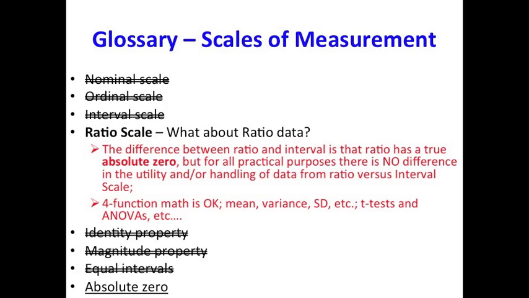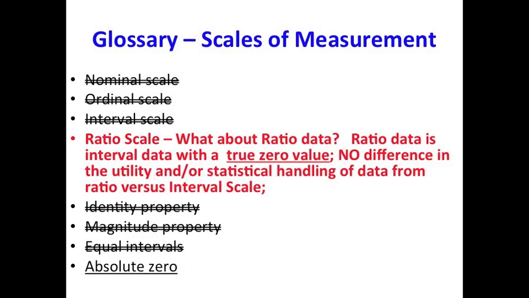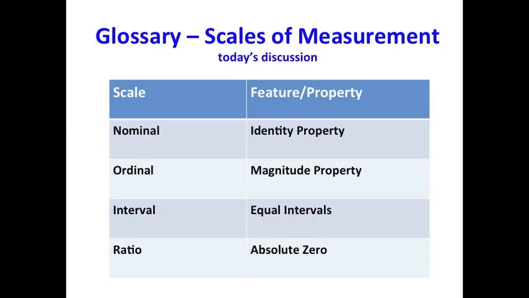There's a huge difference going from a nominal to an ordinal scale, from an ordinal to an interval scale. But from an interval to a ratio, there is no practical consequence. Again, ratio data is interval data with a true 0. There's really no difference in terms of handling data from ratio versus interval scales.